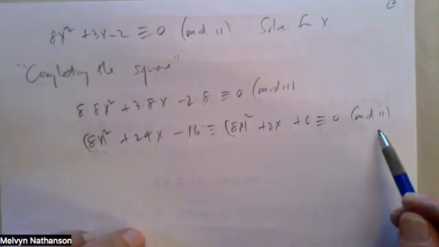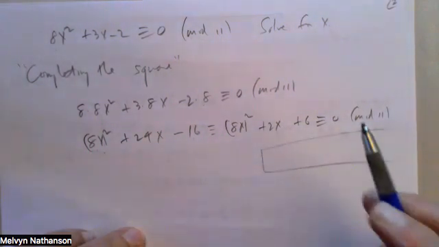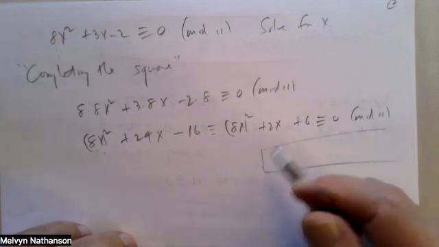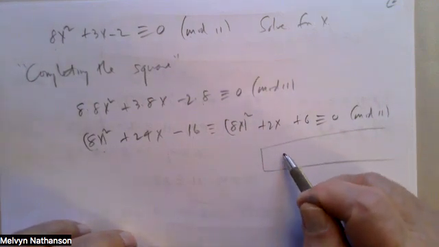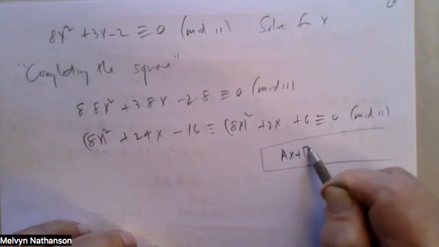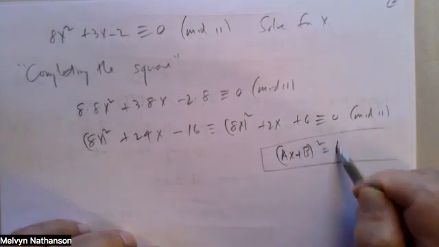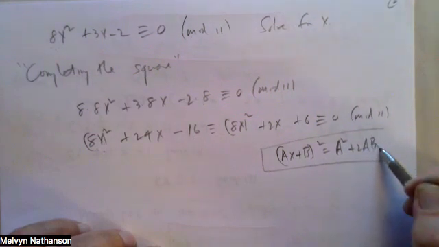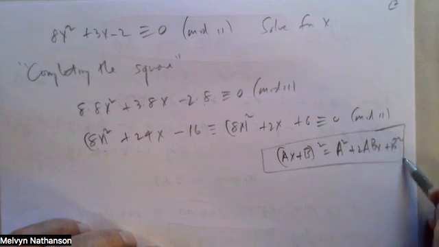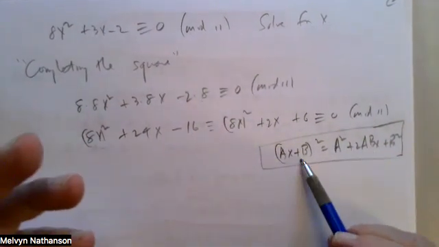So you have to remember, if you have ax plus b squared, this is a squared x squared plus 2abx plus b squared, right? That's what you get when you square this quadratic.